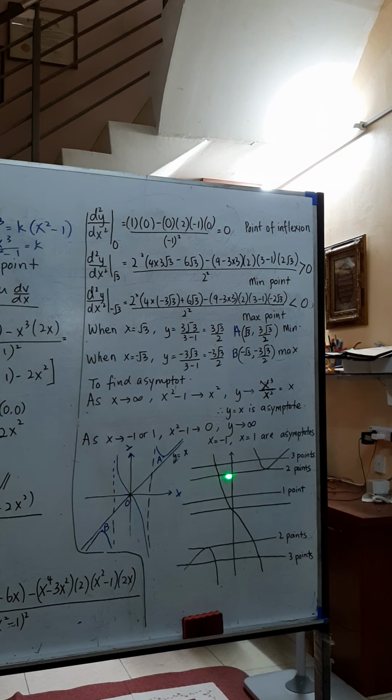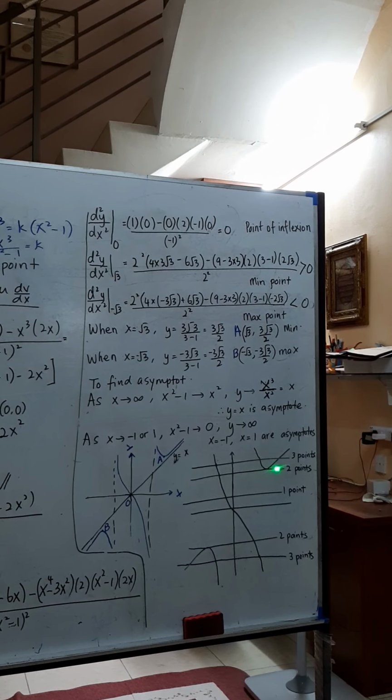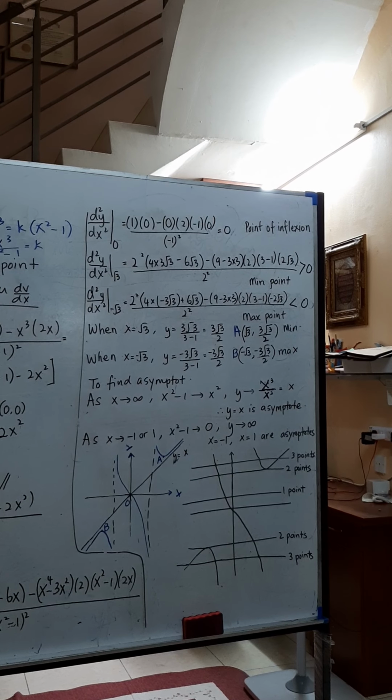When k is exactly 3 root 3 over 2, you have 2 roots. When k is between the minimum and maximum points, between 3 root 3 over 2 and negative 3 root 3 over 2, then you only have 1 root. There's only one intersection.